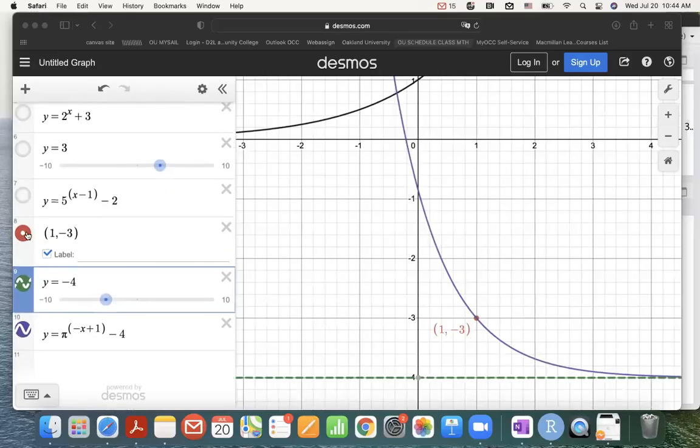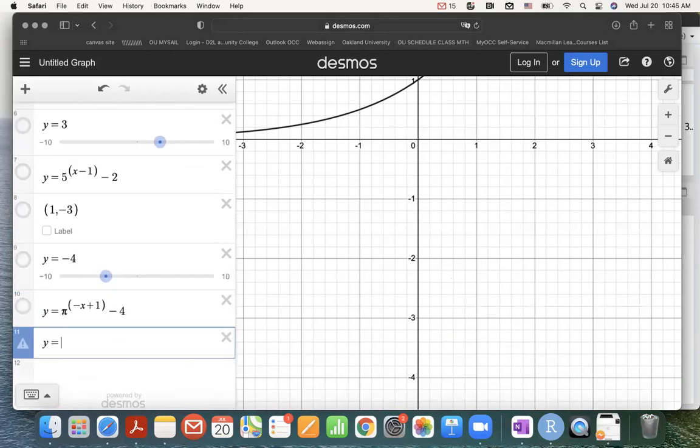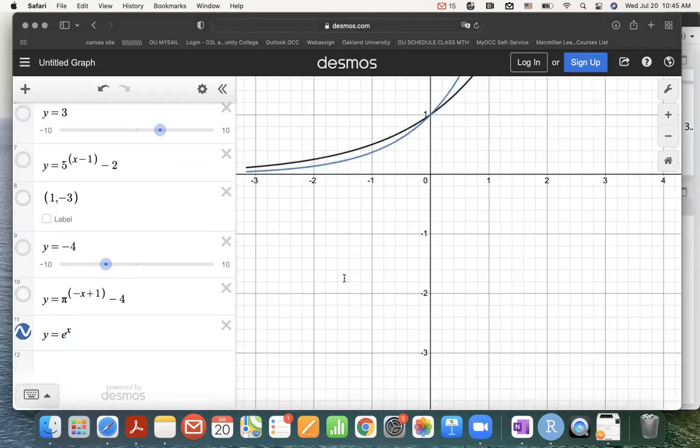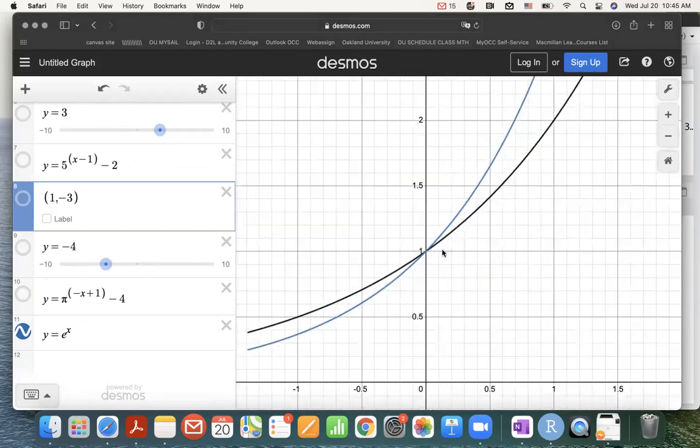Okay, so let me mute these. Y equals e to the x. If you notice this, the black one is y equals 2 to the x. The blue one is y equals e to the x.